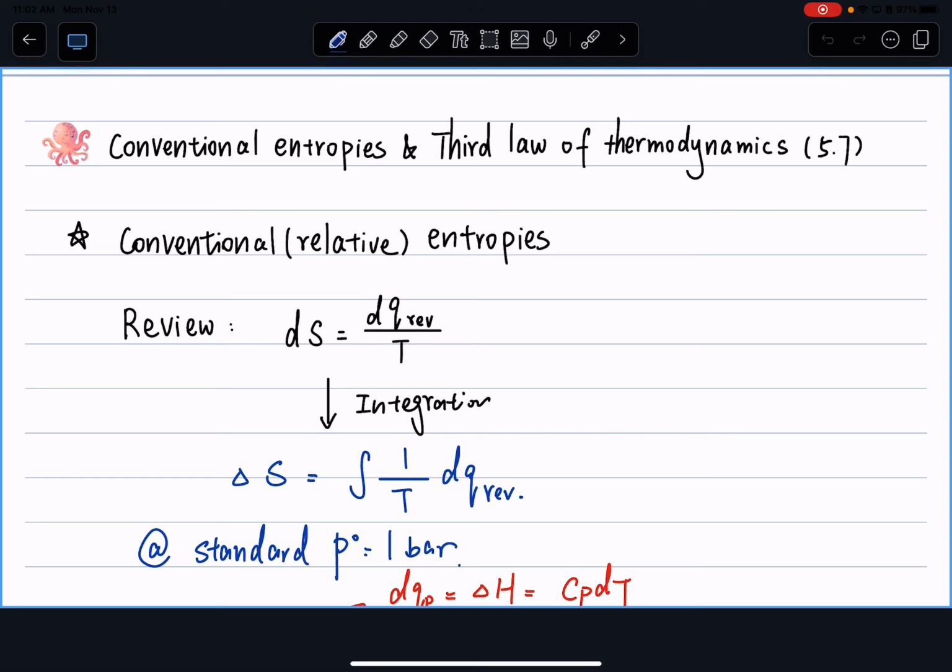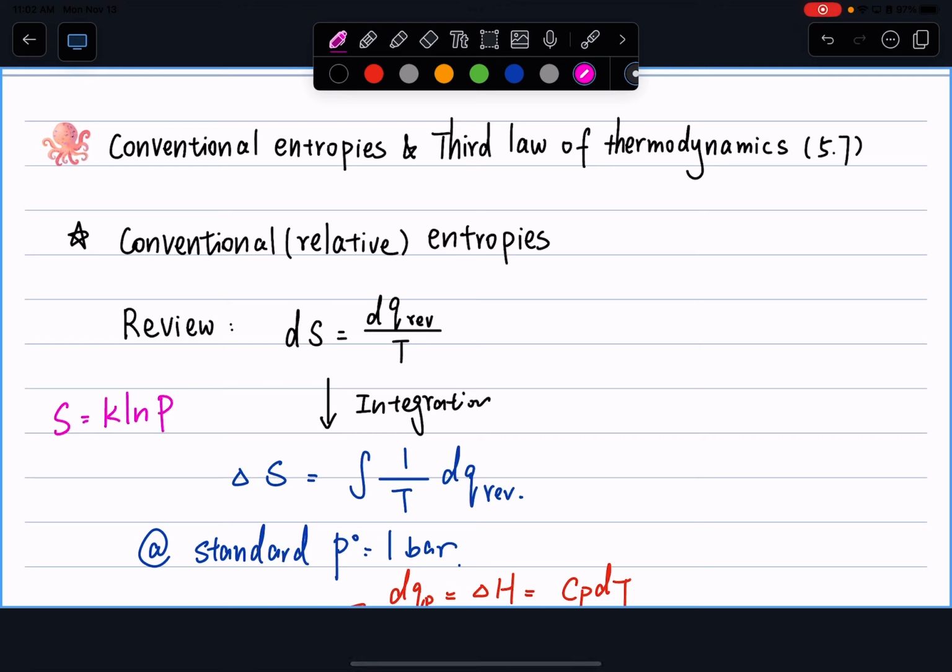Later on, we built the link between entropy and probability. So the absolute entropy is k ln P plus some constant, right? Remember the nature of entropy: it's a probability. We're talking about the probability of a thermodynamic event taking place.